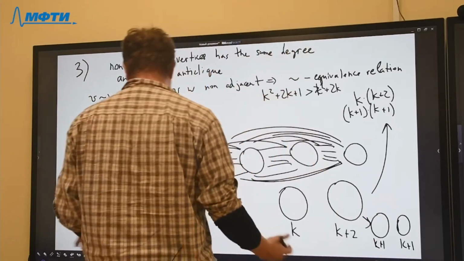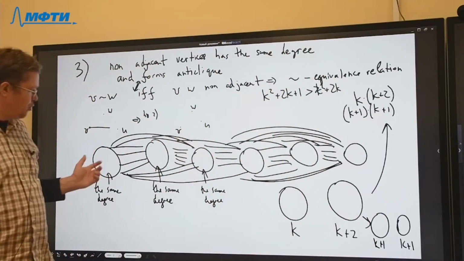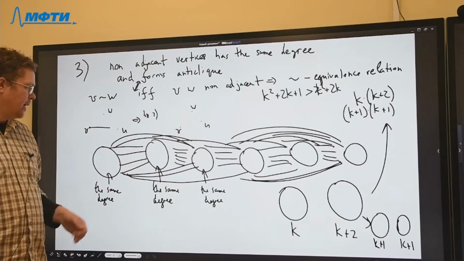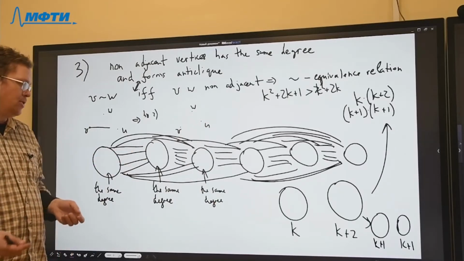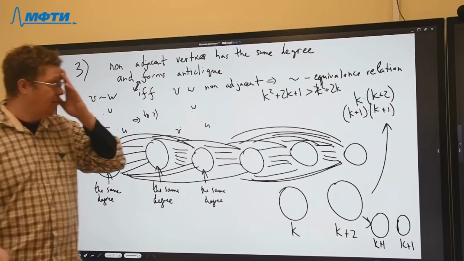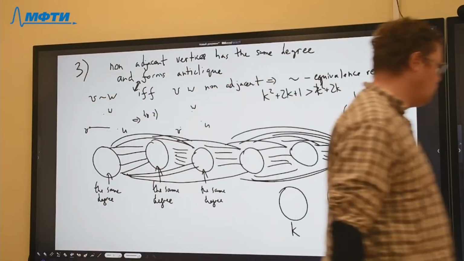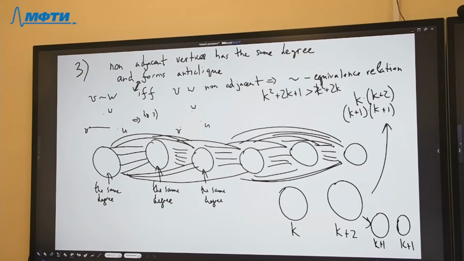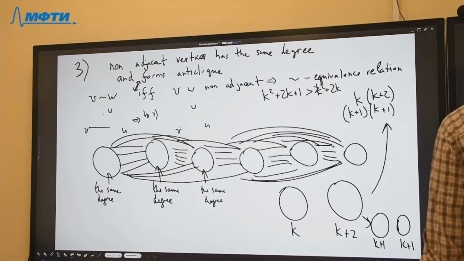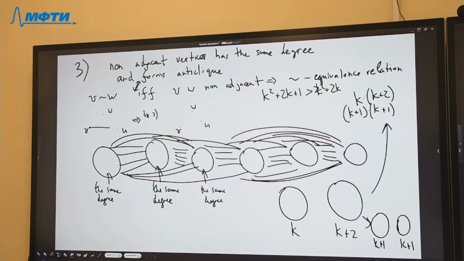From this, we can be assured that each two of these parts have either the same number of vertices or differ by 1, which means that we have exactly the situation in the Turán graph, where some parts will have k vertices and some will have k plus 1.